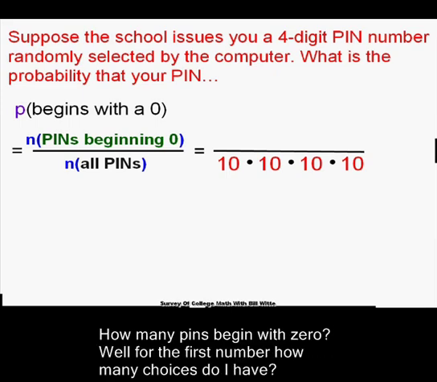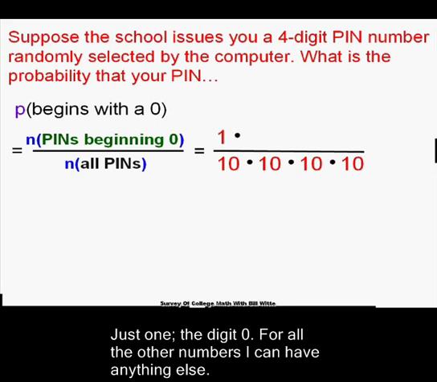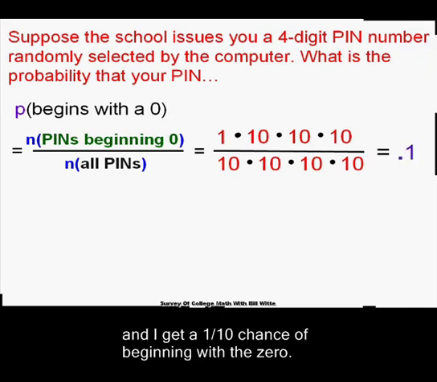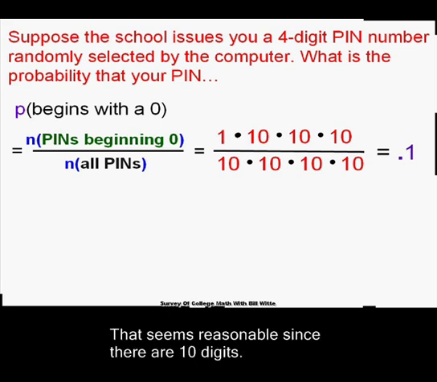How many PINs begin with 0? For the first number, how many choices do I have? Just one. For all the other numbers, I can have anything else. So that will be 10 times 10 times 10. You get the idea? Everything's going to cancel, and I'm going to get a 1/10 chance of beginning with a 0. That seems reasonable because it's 10 digits.